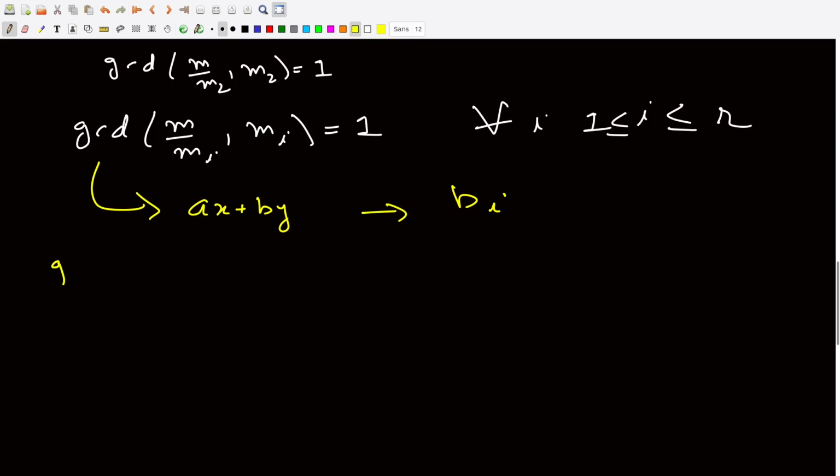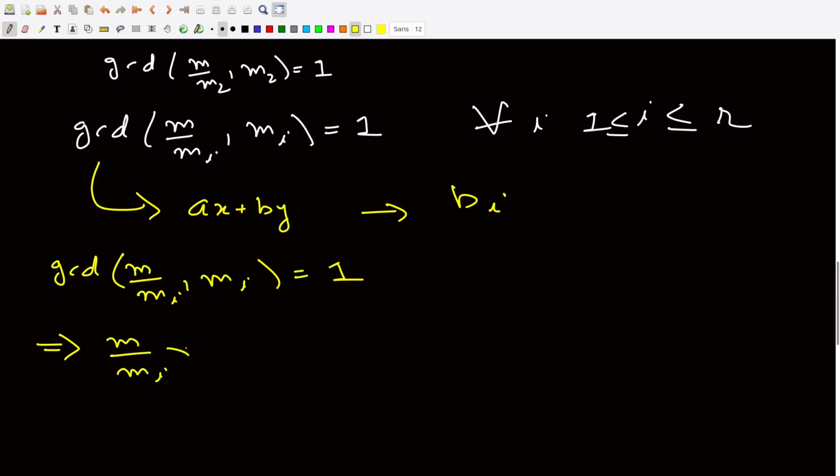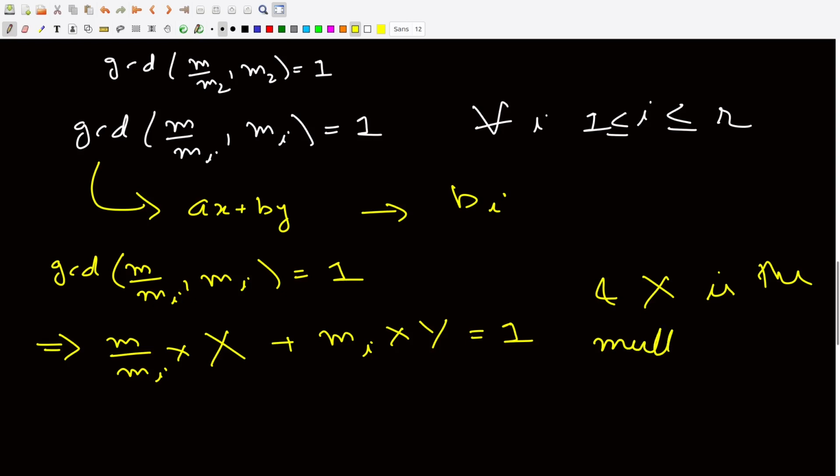So let me say GCD of m comma mi equals 1. So we know that (m/mi) into x plus mi into y equals 1, and x is the multiplicative inverse, right?